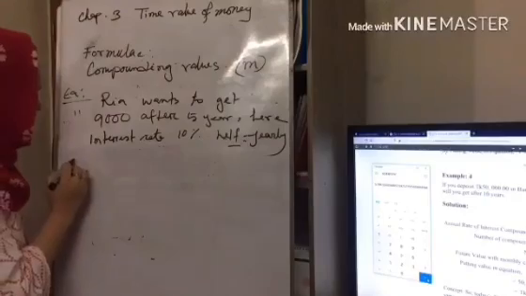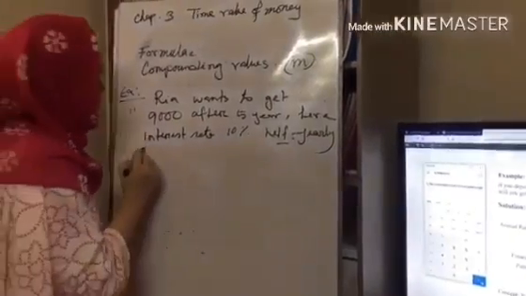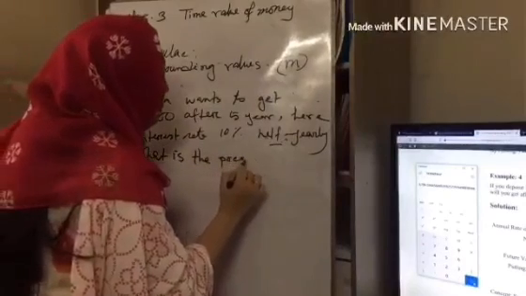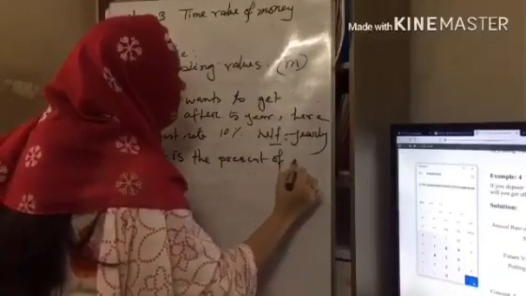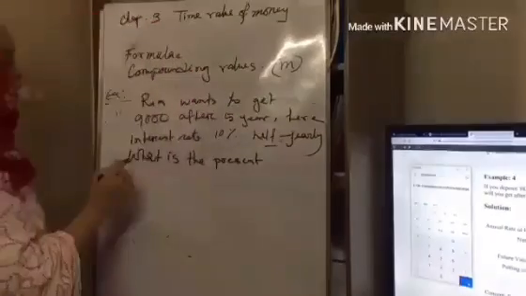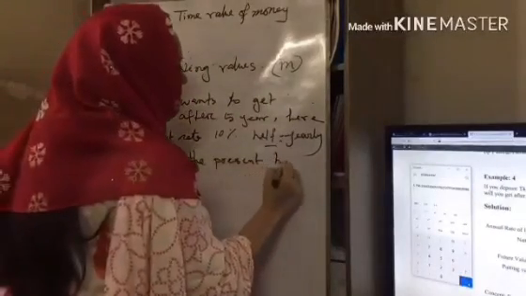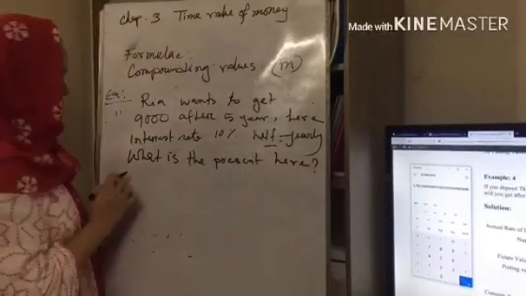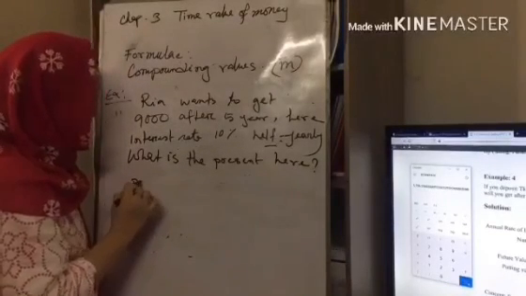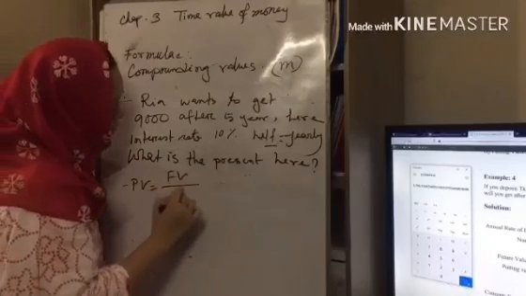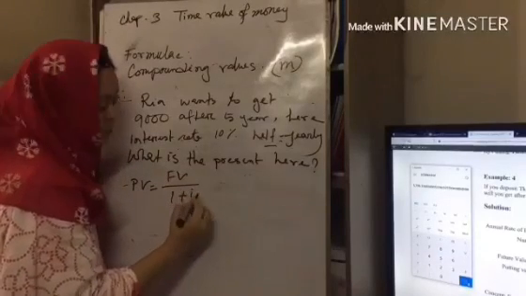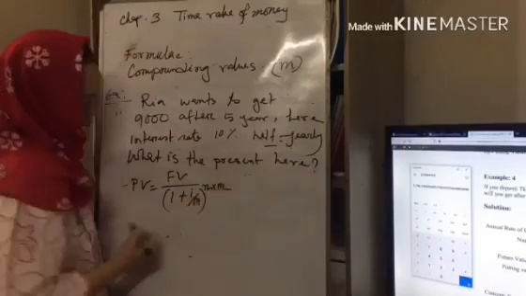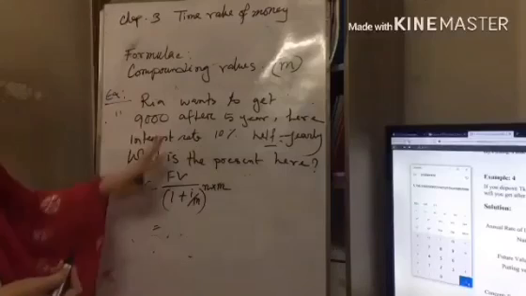So here, what is the present value? To find out the present value, the formula is present value equals future value divided by 1 plus I divided by M, to the power n multiply M. Now I am putting all the values.